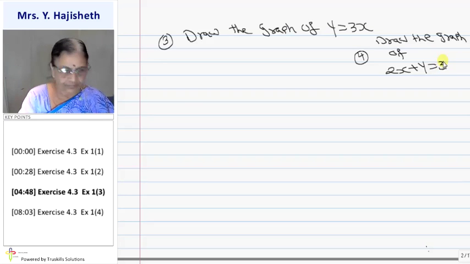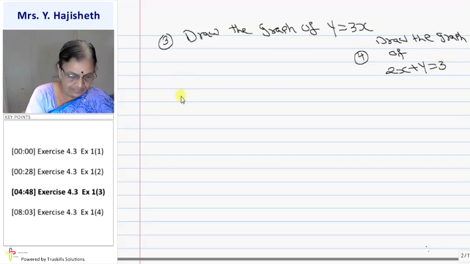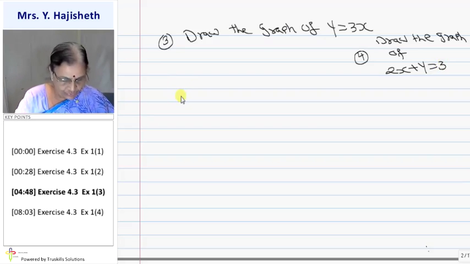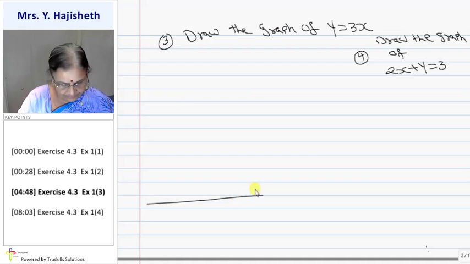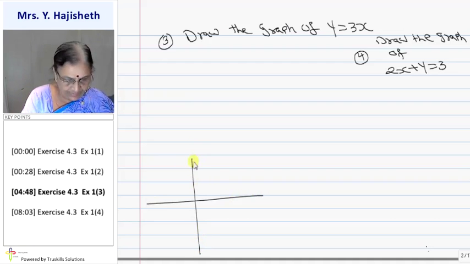First, I will draw the x and y axis. Okay, mutually perpendicular. Okay, and this is my y axis, this is my x axis.